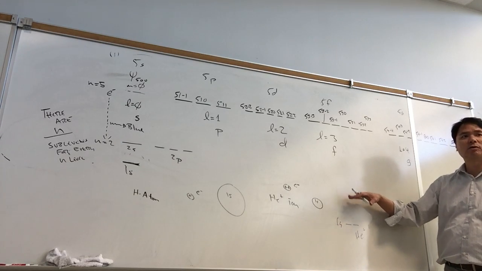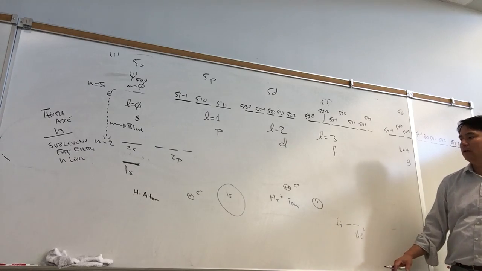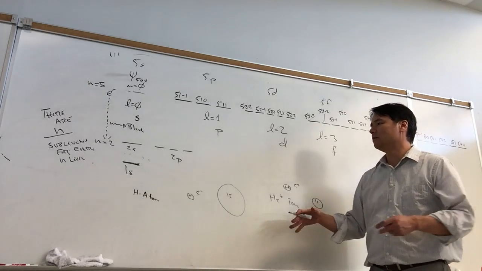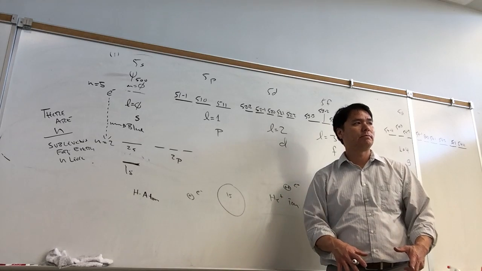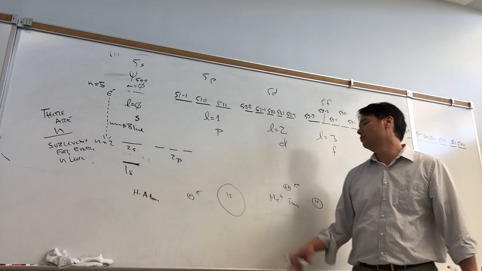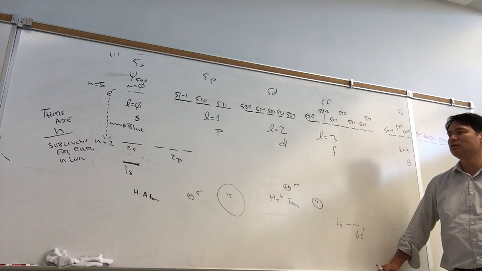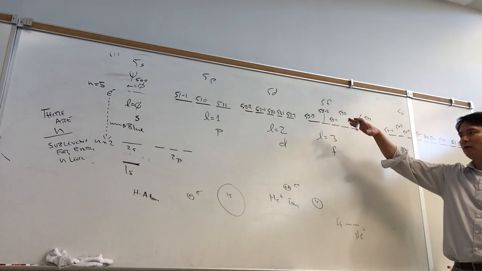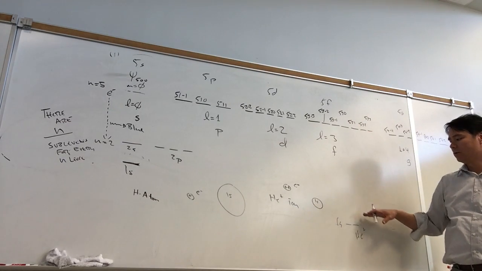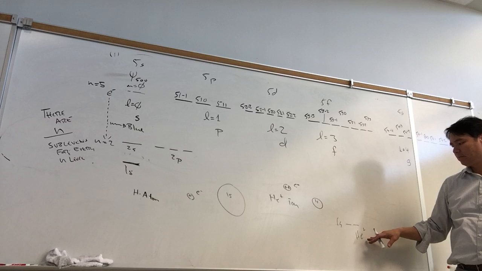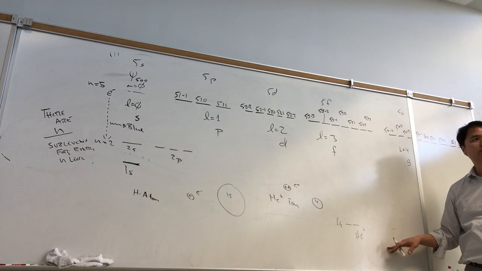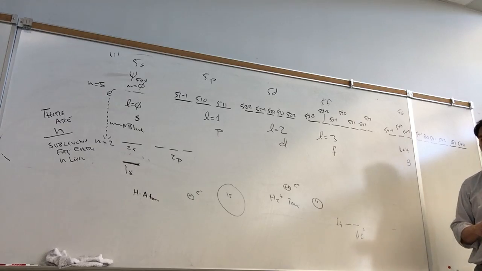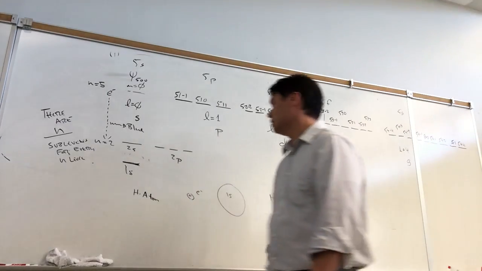And that goes for all the orbitals. In another 1 electron species like He plus, the orbitals are going to be smaller and lower in energy than the hydrogen atom. If we go to Li2 plus, it's going to have exactly the same diagram, except the orbitals will be smaller than the ones in He plus and H, and lower in energy, because the closer the electron gets, the lower in energy it is.